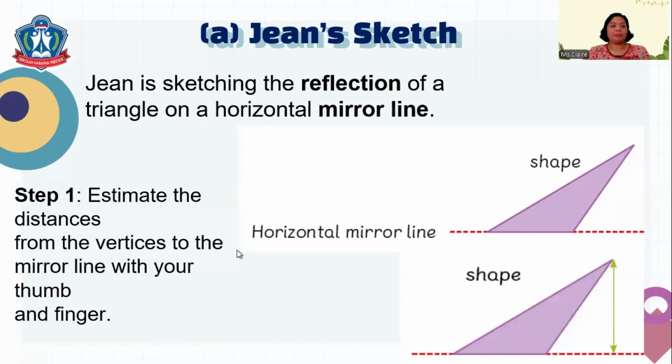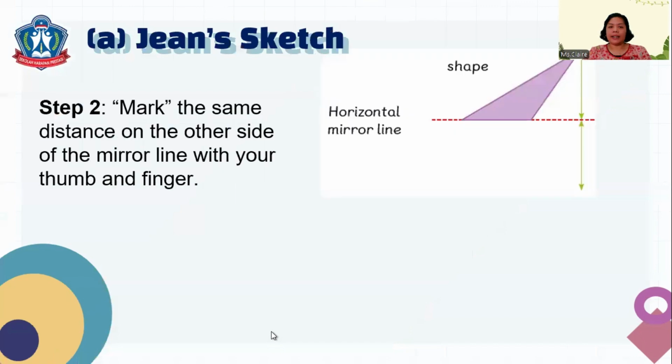Let's see. The first step, children, in sketching a 2D shape is to estimate the distances from the vertices to the mirror line with your thumb and finger. Okay, like this. Next, you mark the same distance on the other side of the mirror line with your thumb and finger.